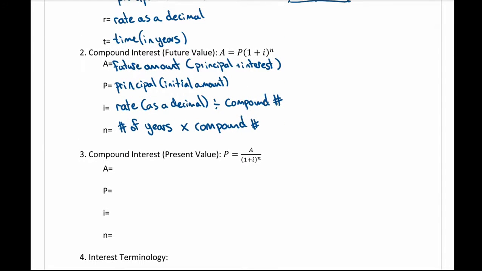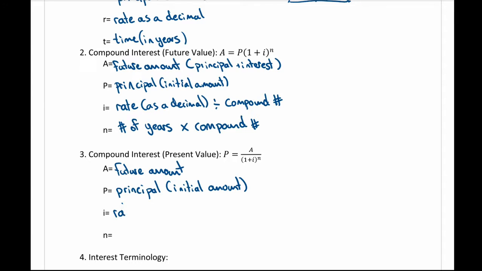Compound interest, looking for present value. If we wanted to find out how much we had to start with, or how much we need to invest or save now, or have today, we would use this formula to find the present value. A, again, still was our future amount. P was our principal or initial amount, or present value, you could say.